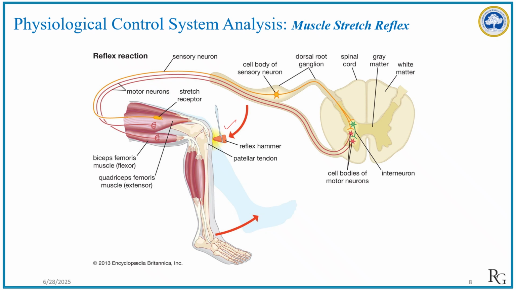Then a neural impulse which encodes information about the magnitude of the stretch is sent along the afferent nerve fiber to the spinal cord.